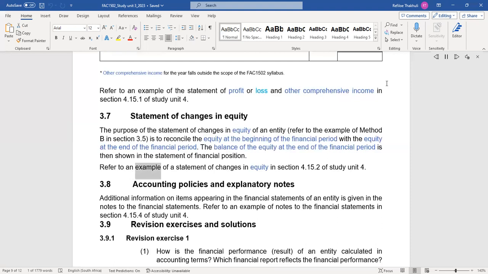Refer to an example of a statement of changes in equity in Section 4.15.2 of Study Unit 4. 3.8 Accounting Policies and Explanatory Notes. Additional information on items appearing in the financial statements of an entity is given in the notes to the financial statements. Refer to an example of notes to the financial statements in Section 4.15.4 of Study Unit 4.